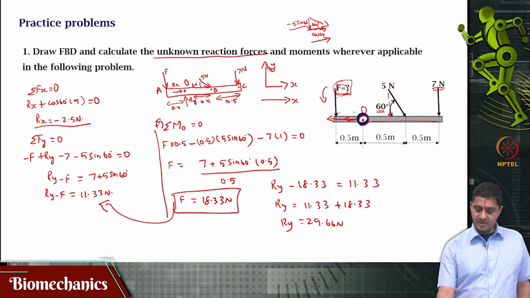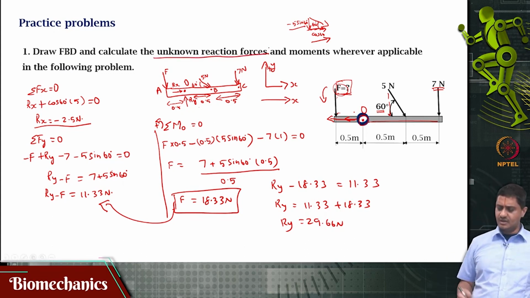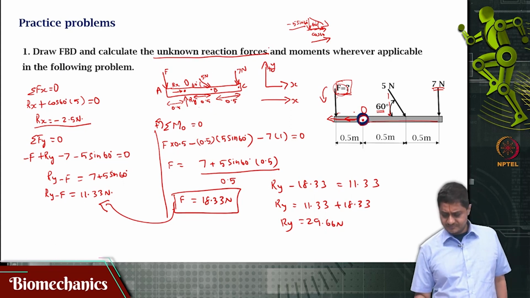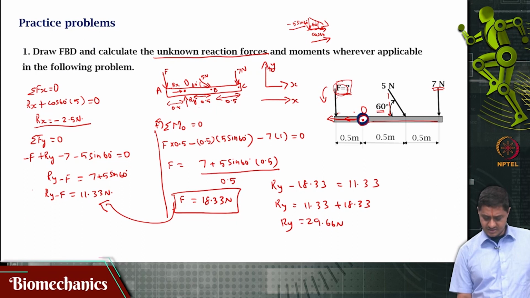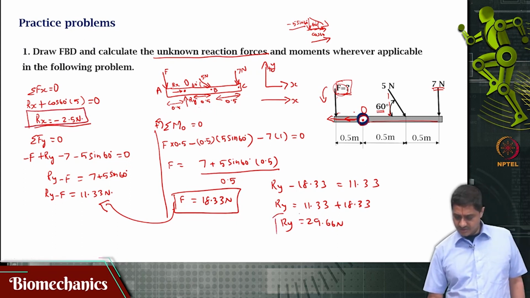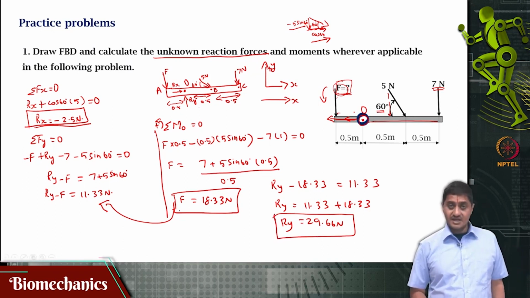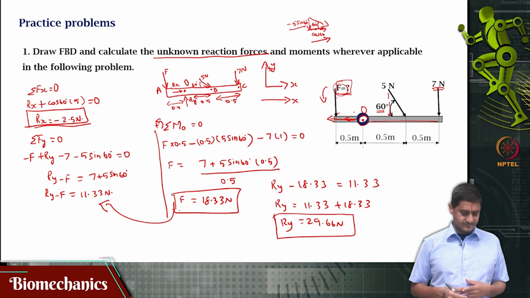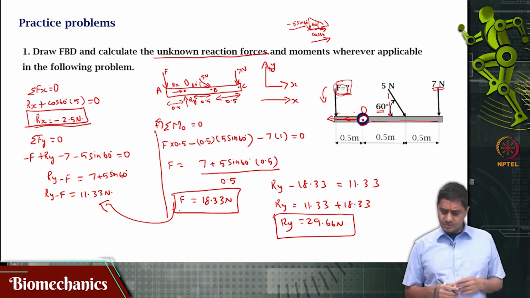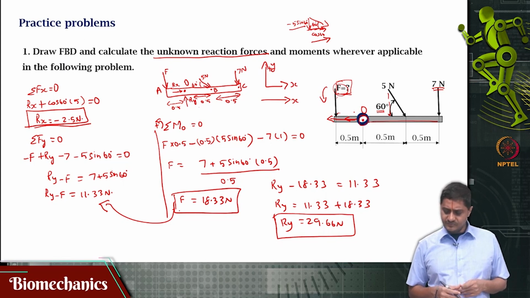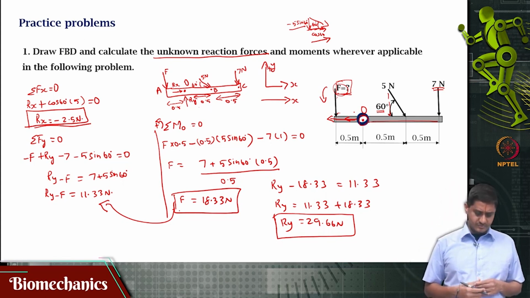Calculate all the unknown reaction forces, right, all the unknown forces. In this case, we have found that Rx is minus 2.5 newtons, Ry is 29.66 newtons, and F is 18.33 newtons. The question is, why did I choose to find moment about O?